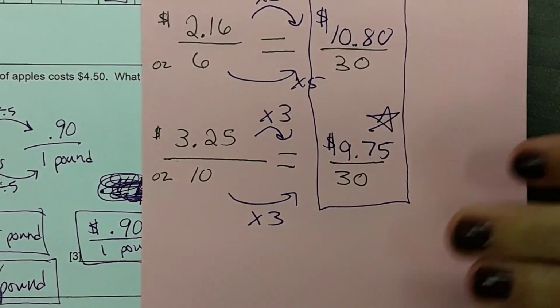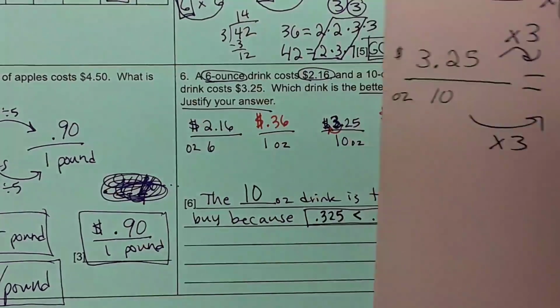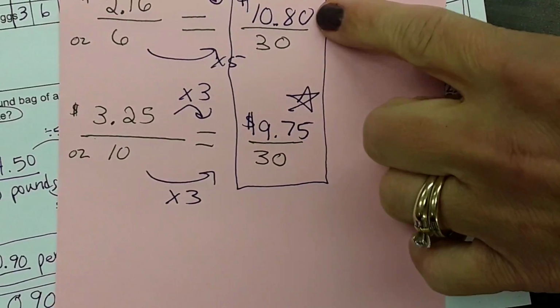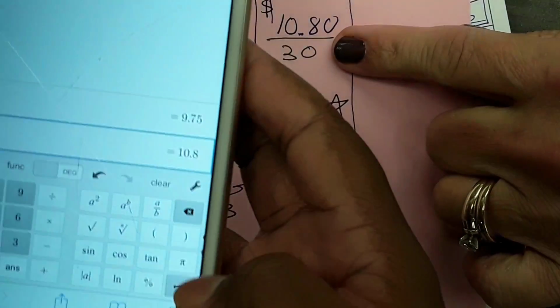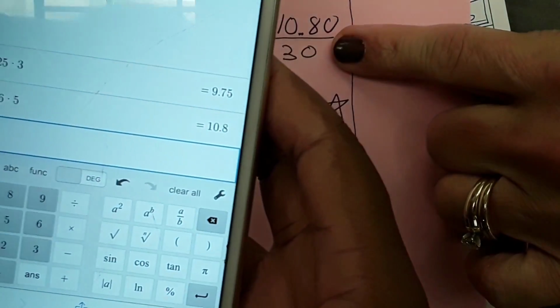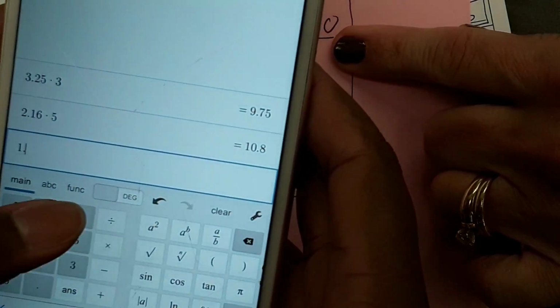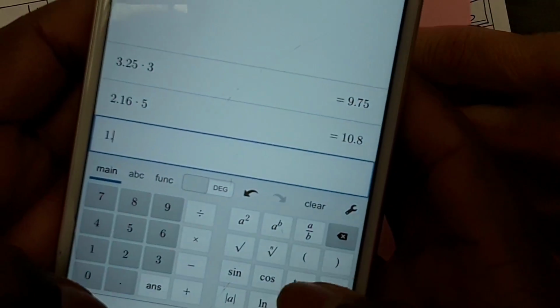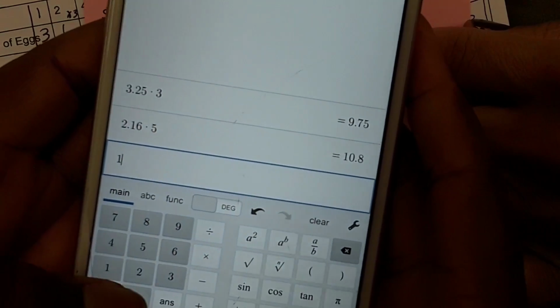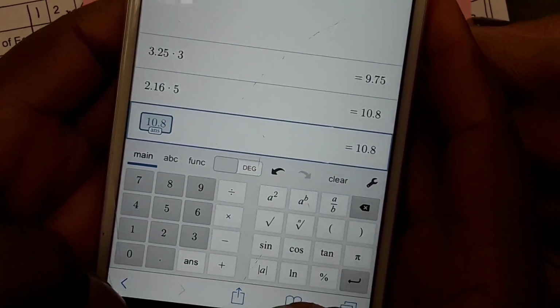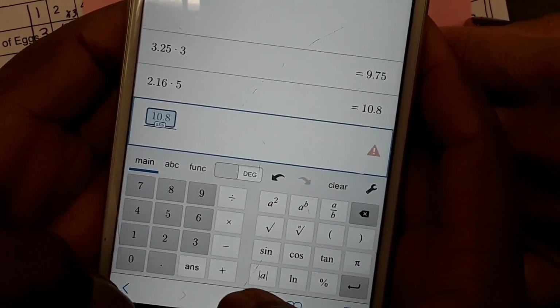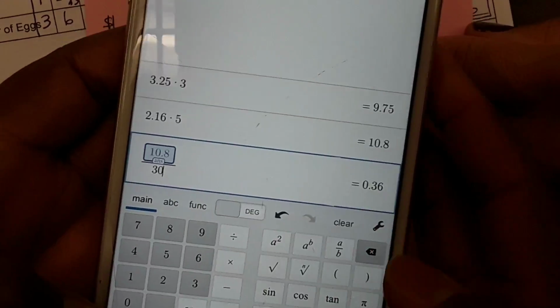Let's just prove this real quickly to see why. Take this $10.80 and divide it by 30. $10.80 divided by 30 brings me to 36 cents.